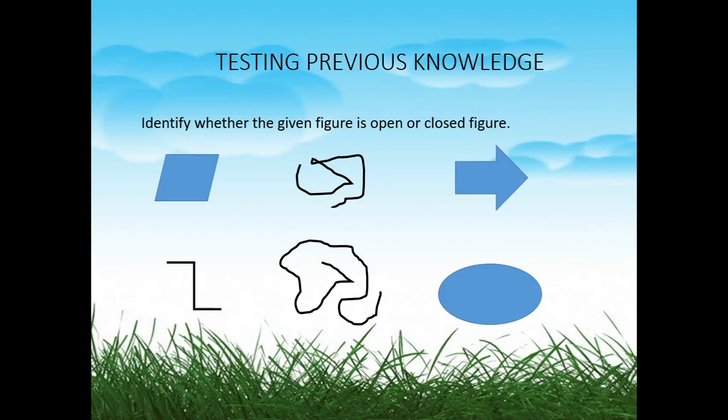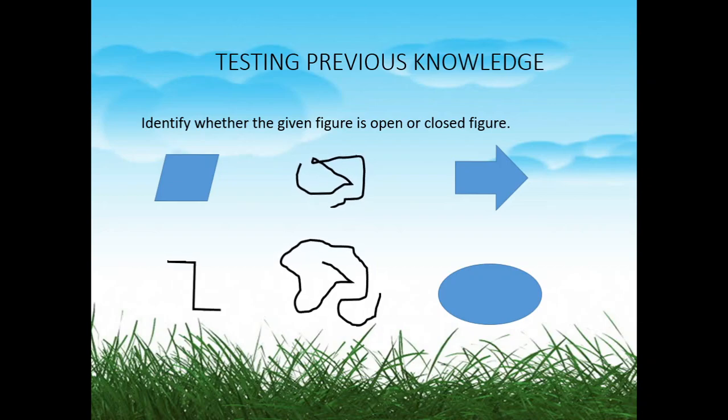The figures whose starting and end points are same are called closed figures. You can see that the figures which are wiggling now are closed figures. And the figures whose starting and end points are different are called open figures. The wiggling figures now are open figures.